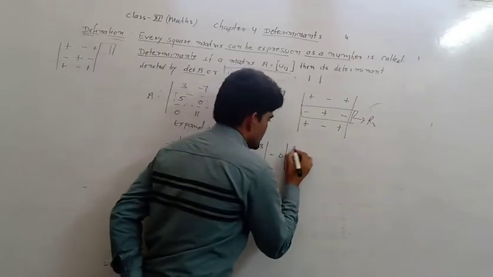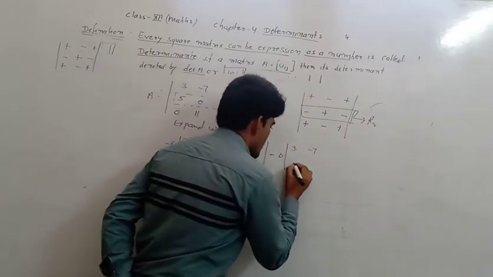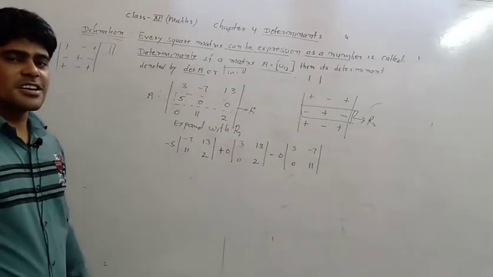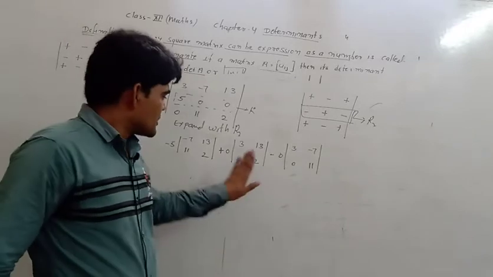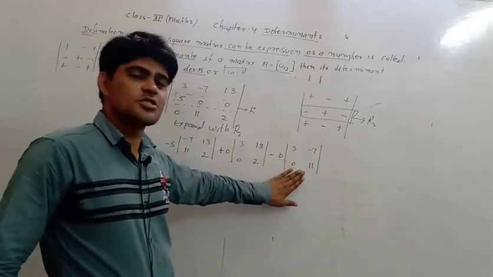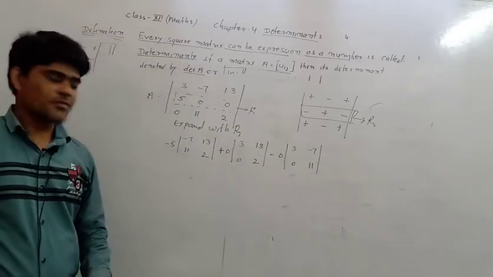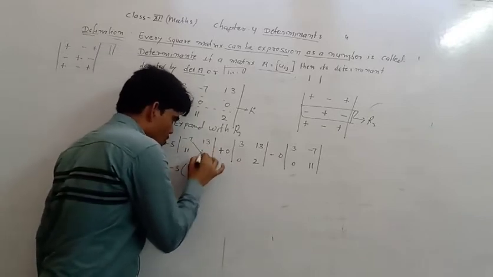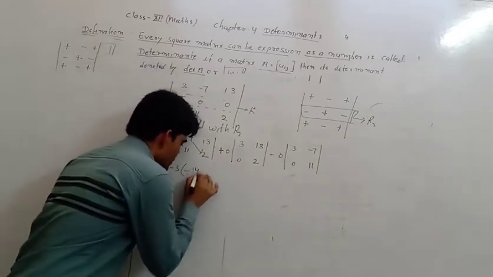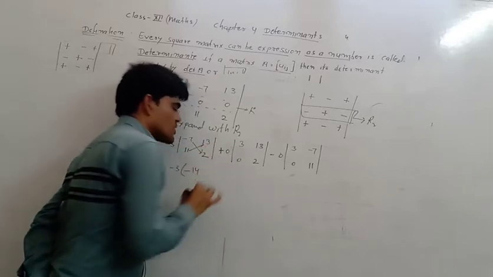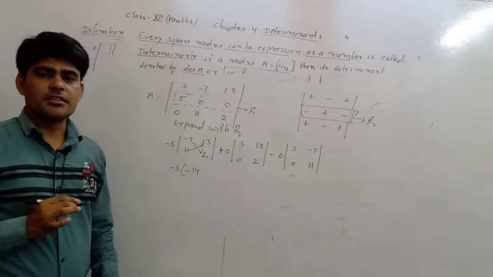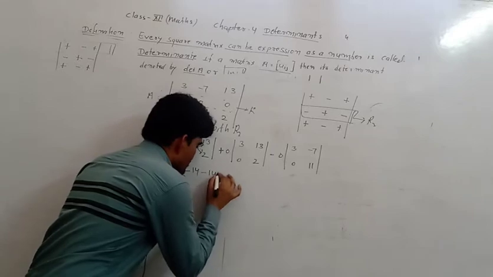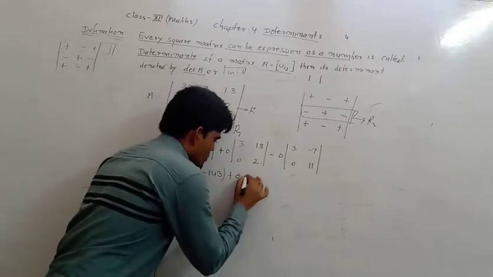Then we get 3, minus 7, 0, 11. When any number is multiplied by 0, we get 0. This is 0 and this is also 0. Then we solve only this term. Minus 5 times the bracket: minus 7 into 2 gives minus 14, minus 11 into 13 with negative sign, down to up, gives minus 143, plus 0 plus 0.